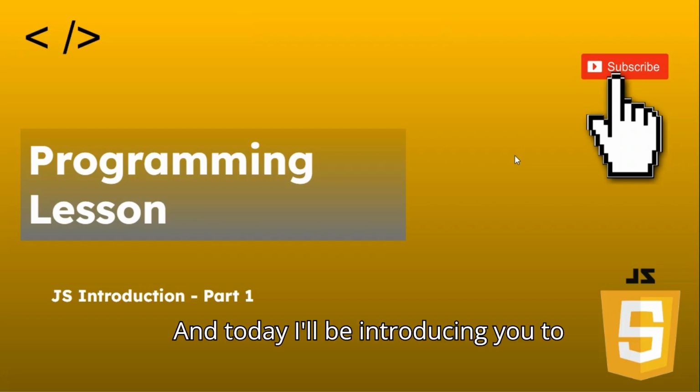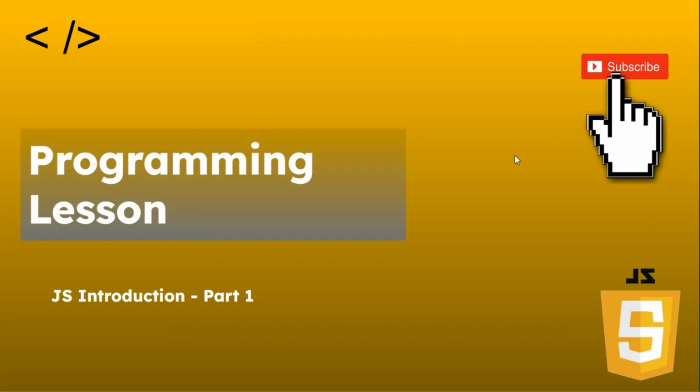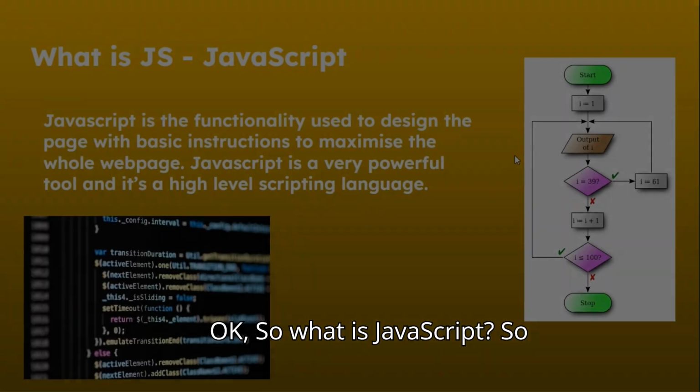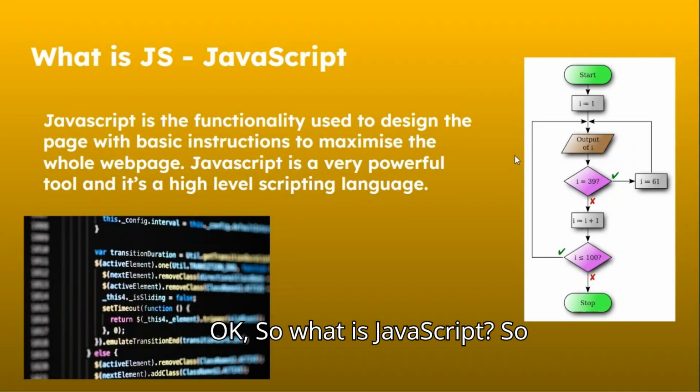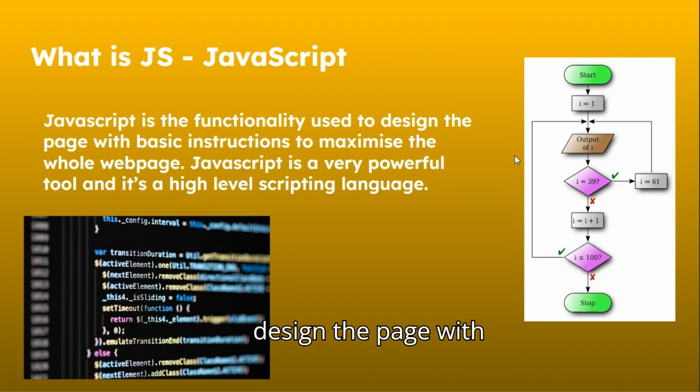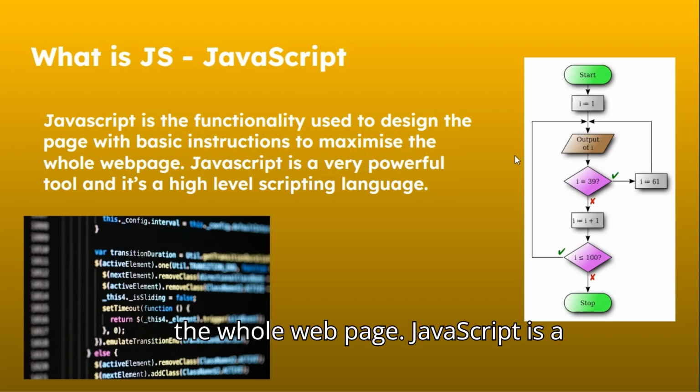And today I'll be introducing you to the new coding language, which is JavaScript. Okay, so what is JavaScript? JavaScript is the functionality used to design the page with basic instructions to maximize the whole web page.